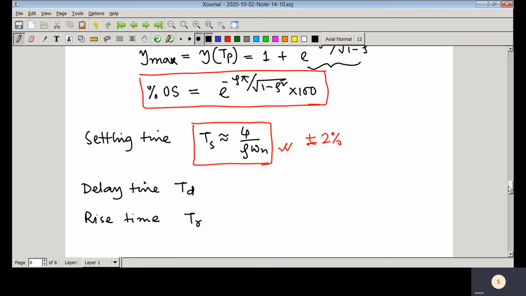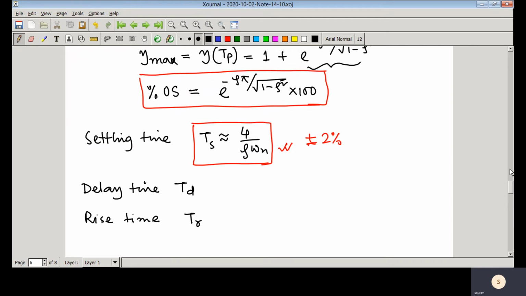So we can take one second order system and just vary that zeta. As there is no explicit relationship between the damping ratio and TD and TR, we can vary zeta, plot the delay time and rise time from the response, and from there, by fitting a curve, we can get a relationship.